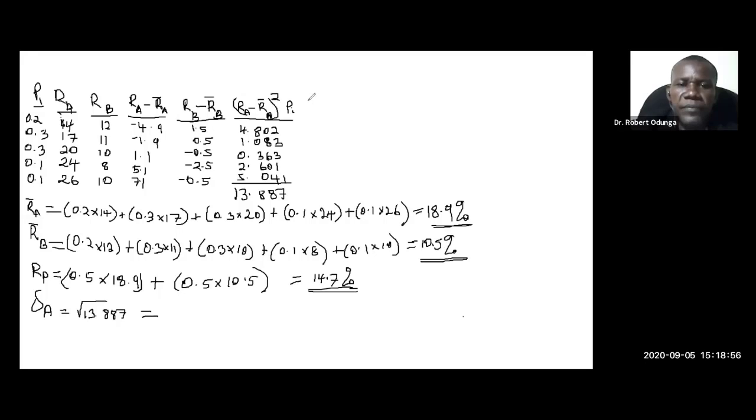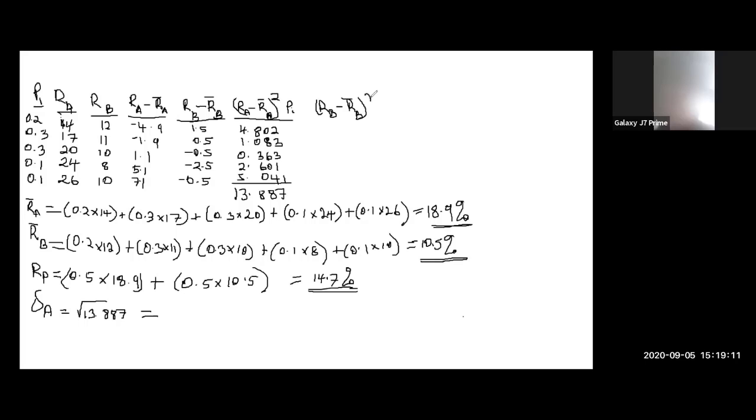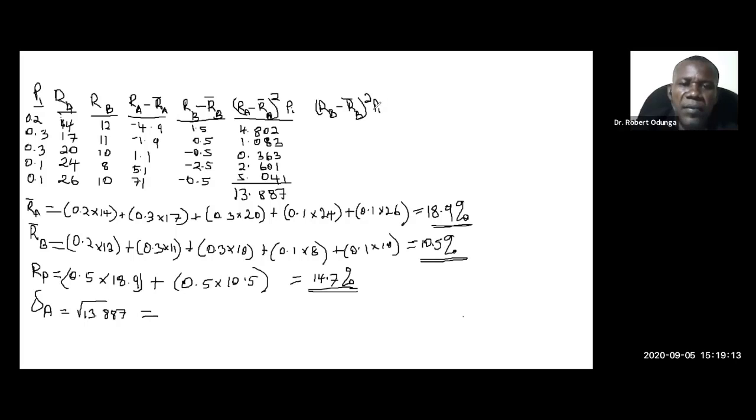Okay. Then we also have RB minus the expected return squared multiplied by PI.